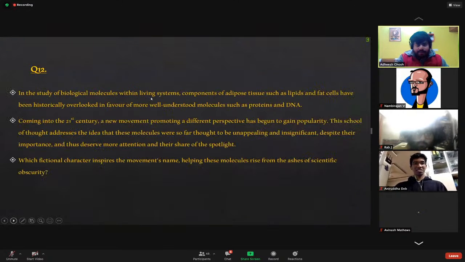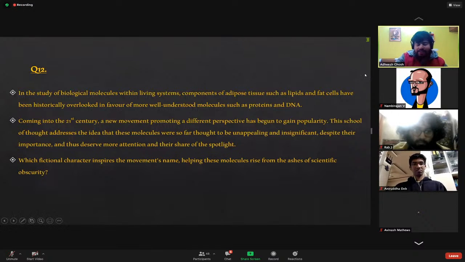In the study of biological molecules within living systems, components of adipose tissues such as lipids and fat cells have been historically overlooked in favor of more well understood molecules such as proteins and DNA. Coming into the 21st century, a new movement presenting a different perspective has begun to gain popularity.